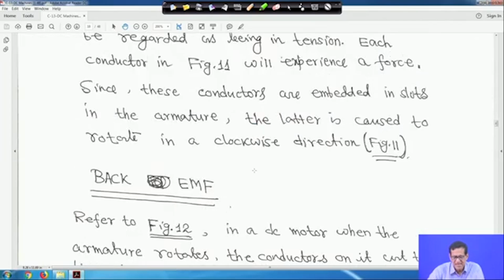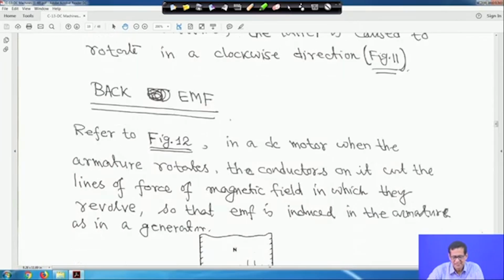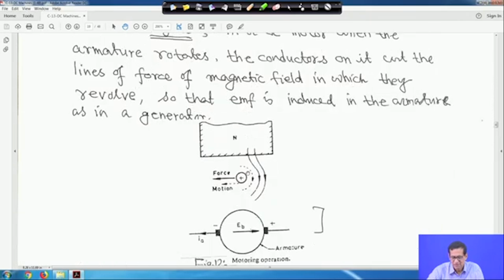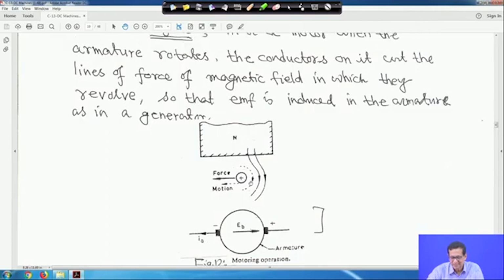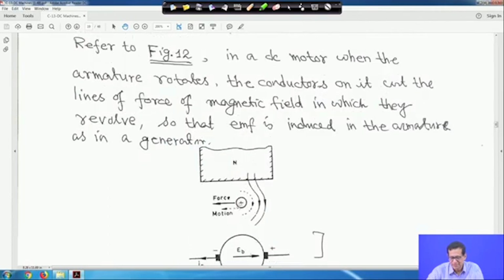Next is the back EMF of a motor, generally referred to in figure 12. Now, this is a motor. Suppose you take the plus conductor, and current is entering into the plane. Here, it is the same philosophy: the thumb is the direction of the current, and you grasp with the fingers, which gives the direction of the flux.